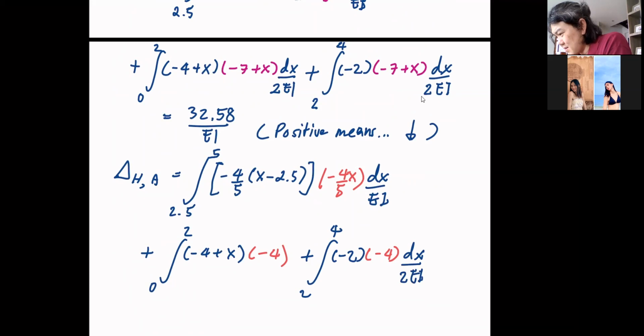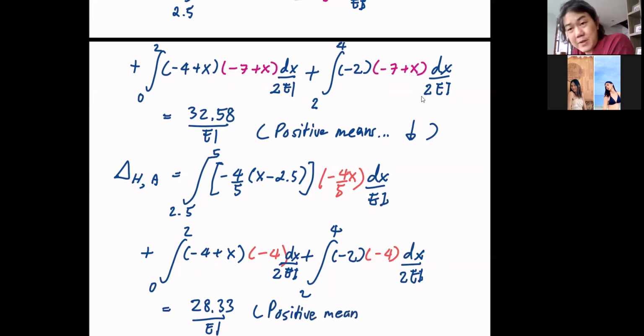So that gives us the number 28.33 over EI. Again, it's positive, which means the displacement goes in the same direction as the applied unit load. Okay, so that is this.